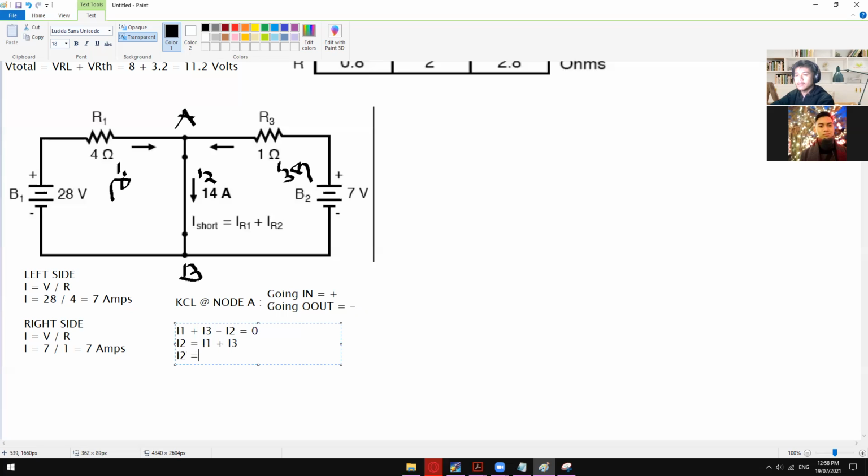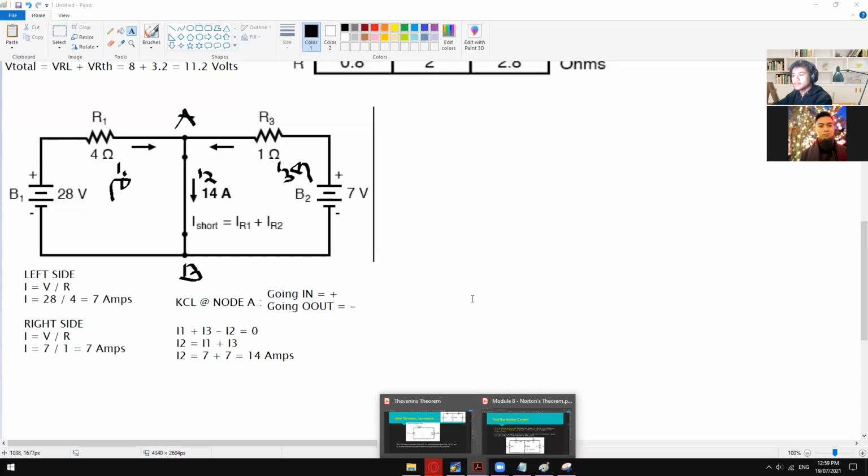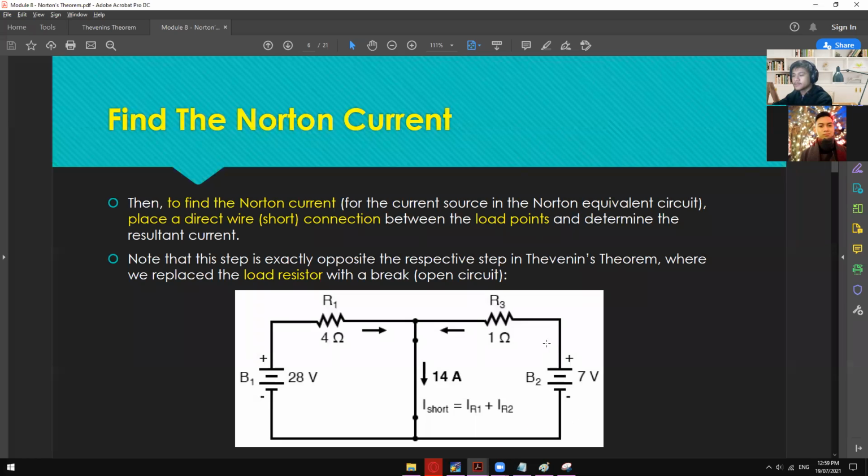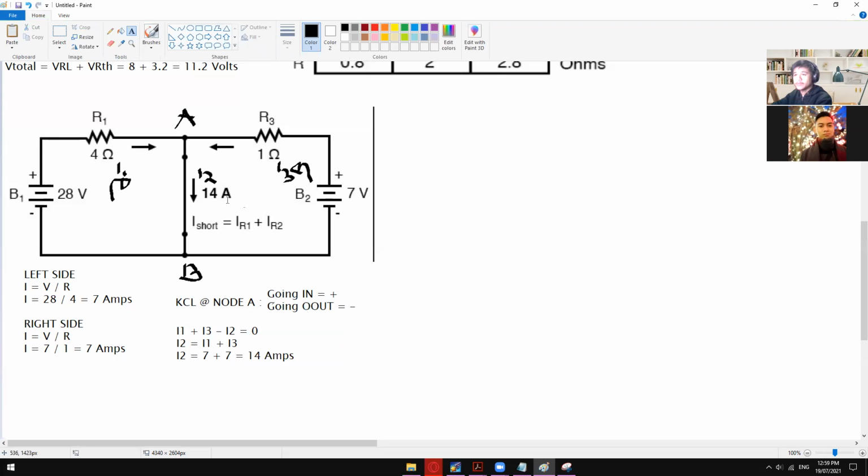I2 is unknown. I1 is 7 amps, the left side, and I3 is 7 amps also, the one on the right side. So I2 is 14. So that is why we have this 14 amps right here.